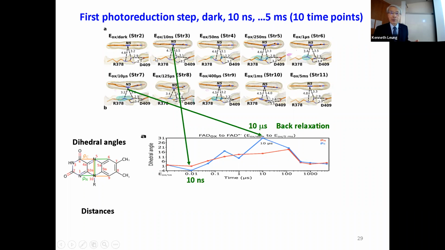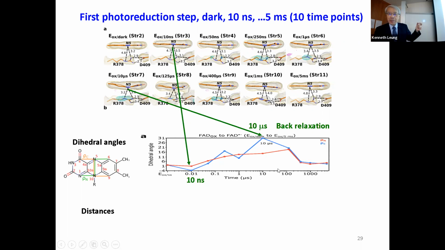nanoseconds. I think the first one is 10 nanoseconds here, 50 nanoseconds, 250 nanoseconds, 1 microsecond, and then up to 5 milliseconds. So this is what happened after transfer of electron, from time 0 to 5 milliseconds, and this is a plot on a log scale.